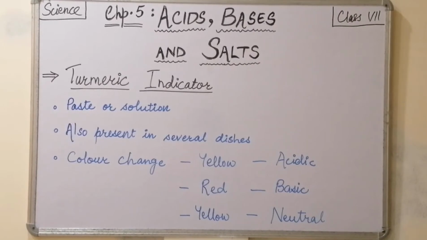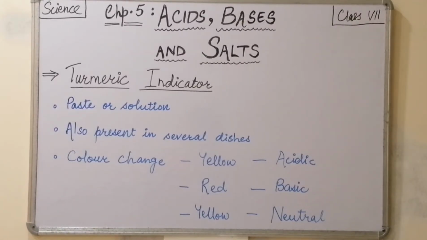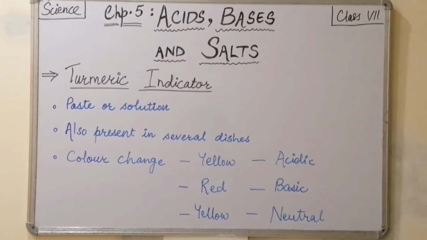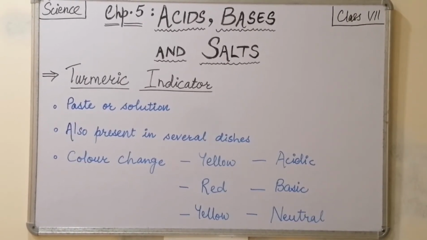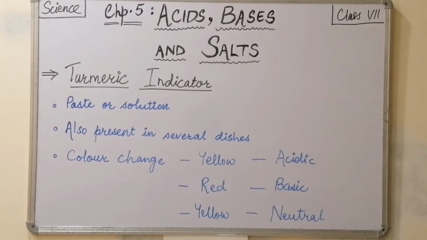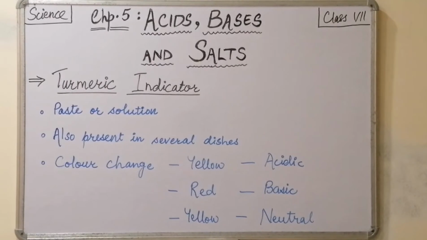Let's move on to the next indicator, that is the turmeric indicator. The turmeric indicator can be used in the form of a paste or a solution, wherein we can take some amount of turmeric and add some amount of water to make a paste or a solution. Now turmeric is also a very important ingredient in food and in several dishes.